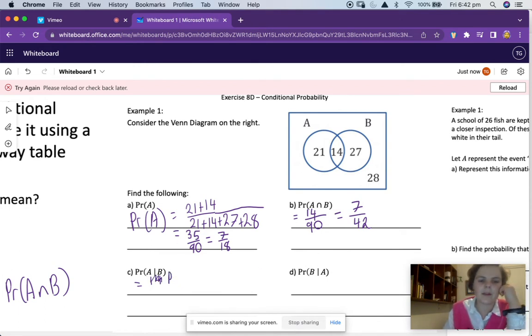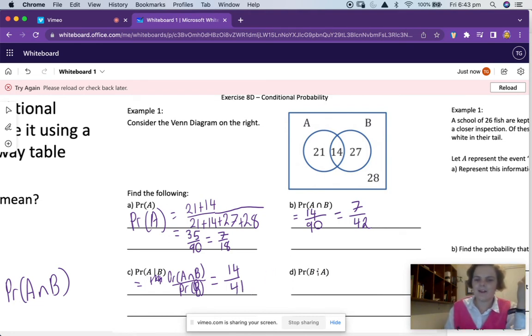It's probability of A intersects B out of the probability of B, which is 14. 14 plus 27. 14 out of 41.